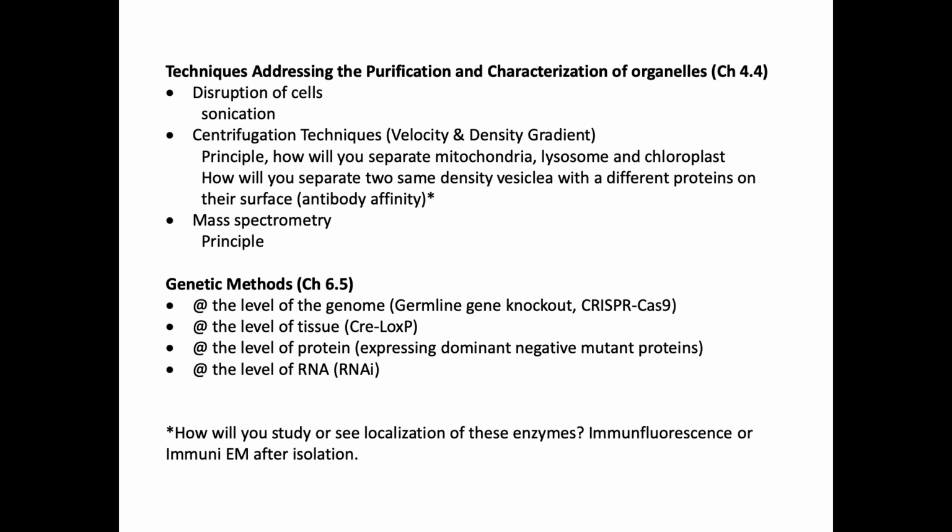They will move down and be stuck where the concentration of the gradient matches the density of the material. So you can have your mitochondria, chloroplasts, or lysosomes in different fractions. You puncture the bottom of the tube and collect the material from there.